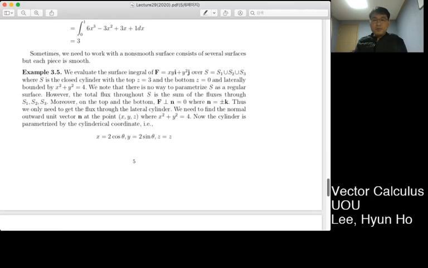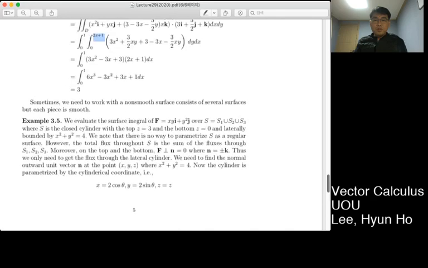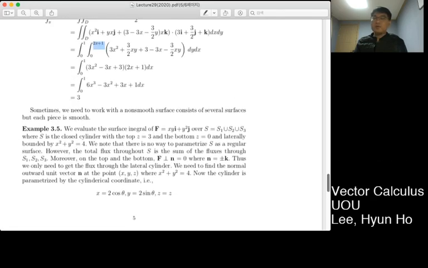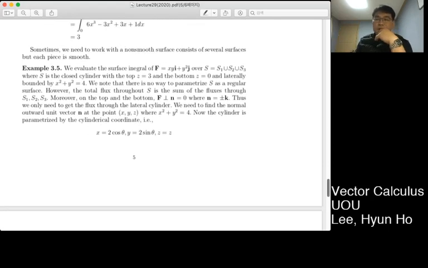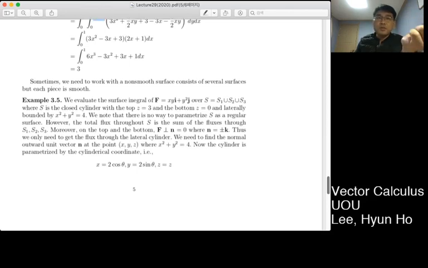I want to emphasize that sometimes we need to consider not only one piece of the surface, but a surface which is itself not parameterized, while each of its pieces is parameterized.